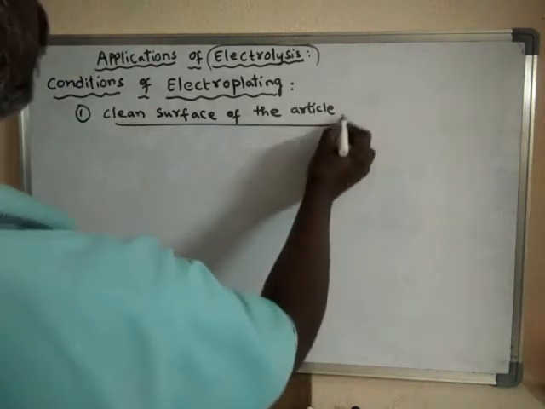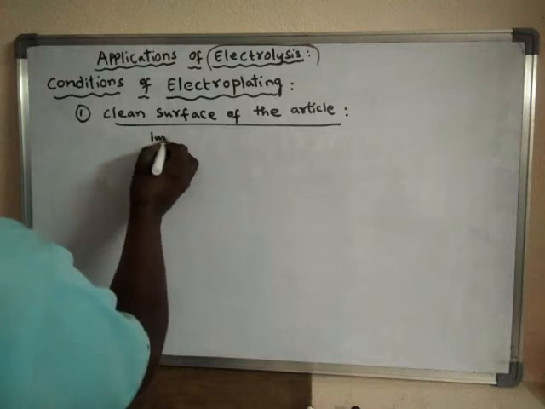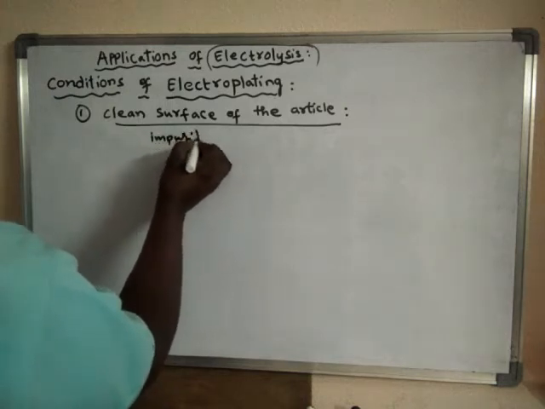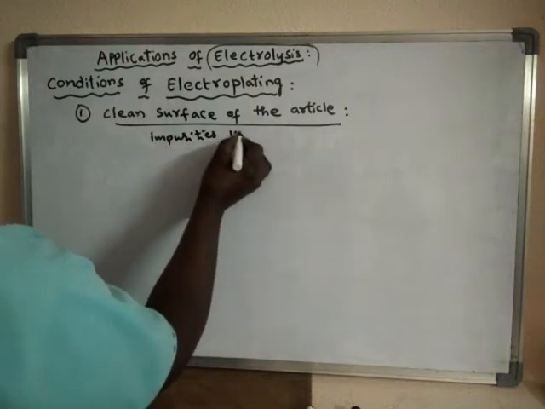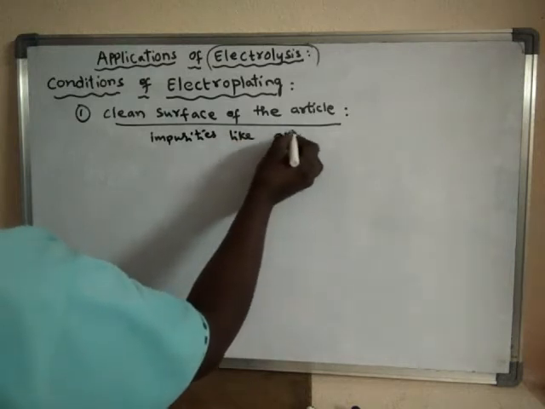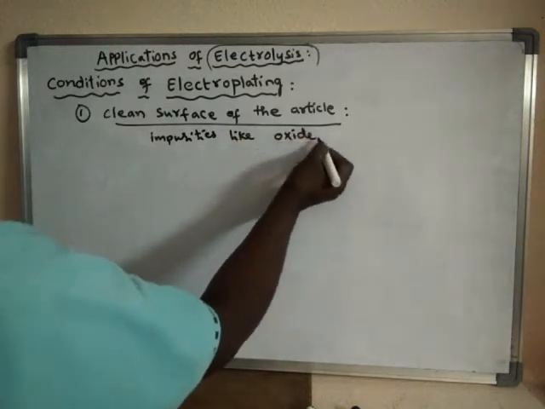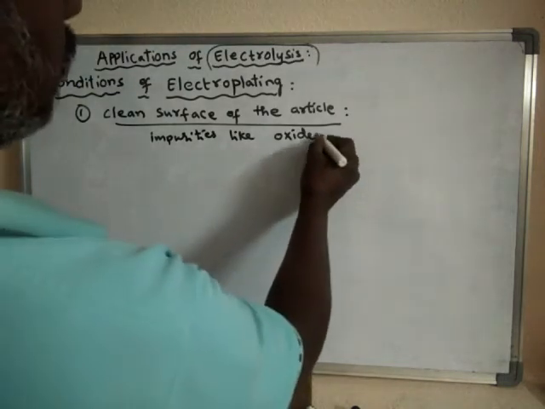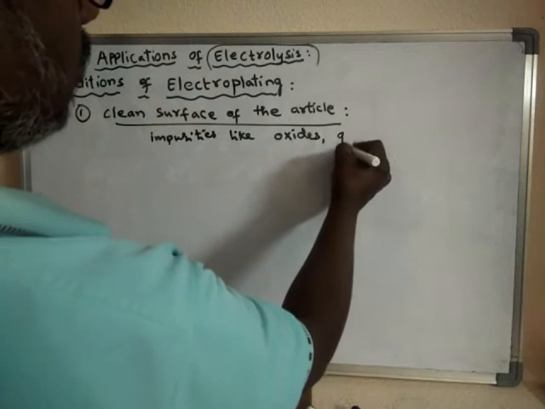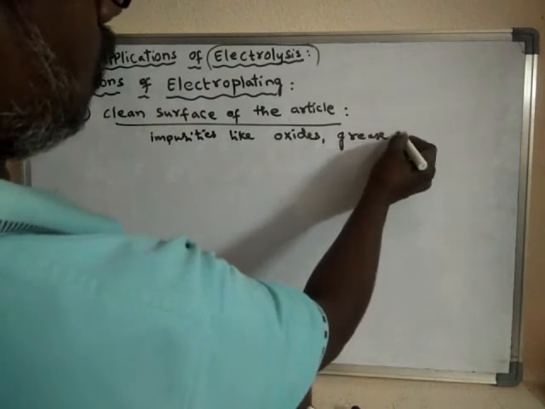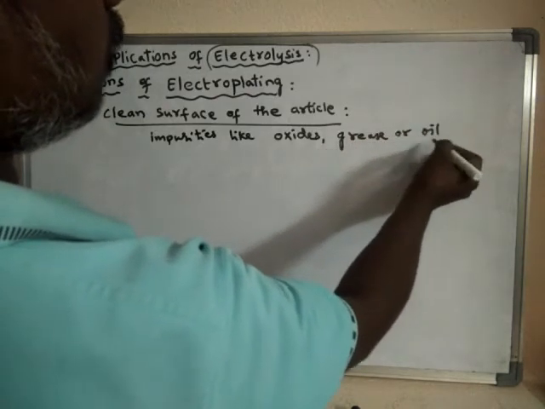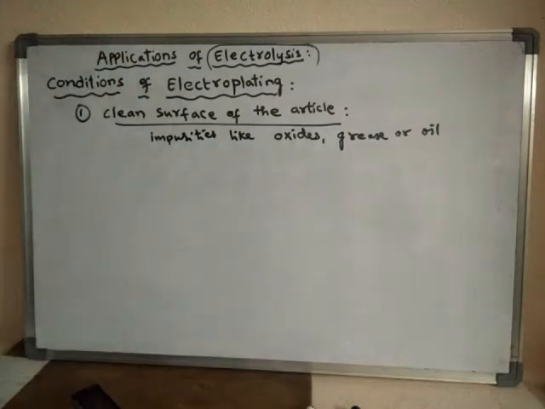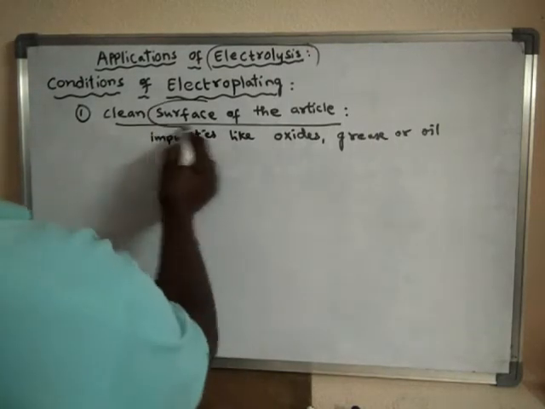Generally, impurities like oxides, grease, or oil are present on the surface of the article.